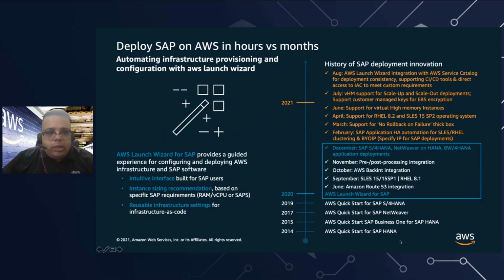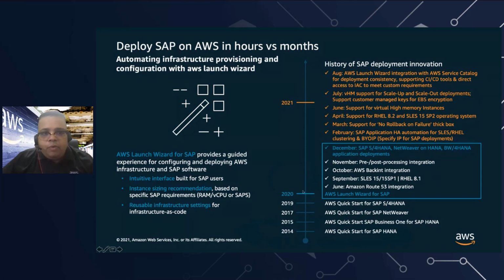We started the journey for automated SAP system deployments back in 2014 when we introduced AWS Quick Start for SAP HANA. This was the first automation tool to install the SAP HANA database together with provisioning the EC2 instance and the EBS volumes. AWS Quick Start includes AWS CloudFormation templates that automate the deployment of AWS services and infrastructure as per the infrastructure as code standards.